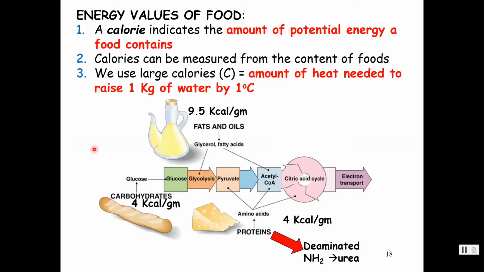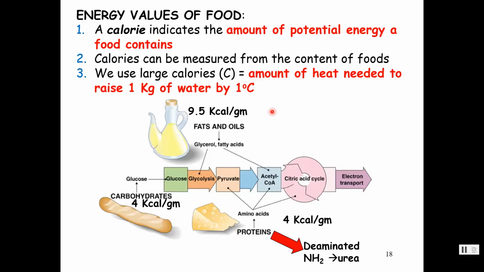Okay, so the TED Talk did a really nice job, so here's just some verbiage for you. A calorie indicates the amount of potential energy food can provide. Fats and oils actually have more calories per gram than either carbohydrates or proteins. Proteins are about the same as carbohydrates, with 4 big calories or kilocalories per gram, and fats have more than twice that.